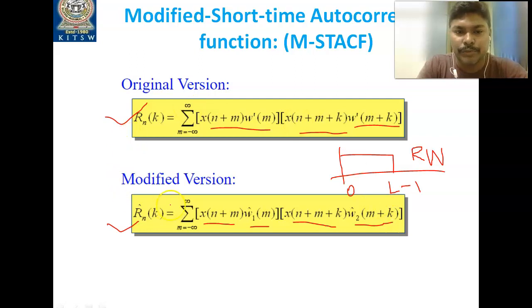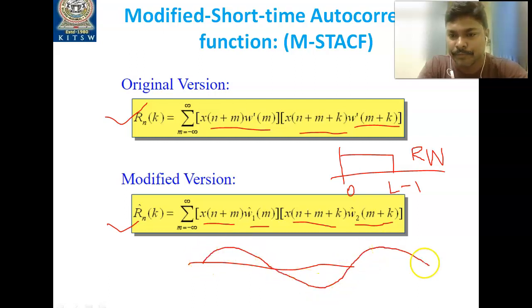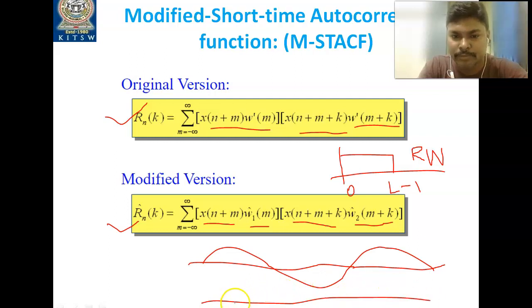Here we have x of n plus m, for instance, and again we have x of n plus m plus k, which starts from here, for instance. It will go like this.